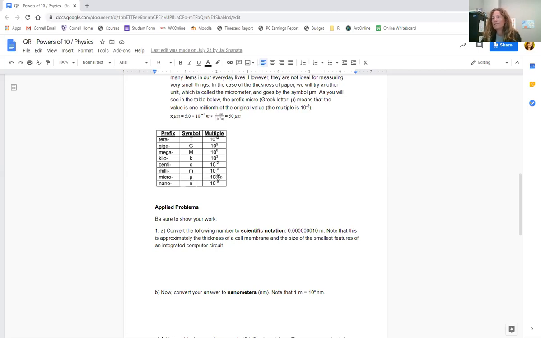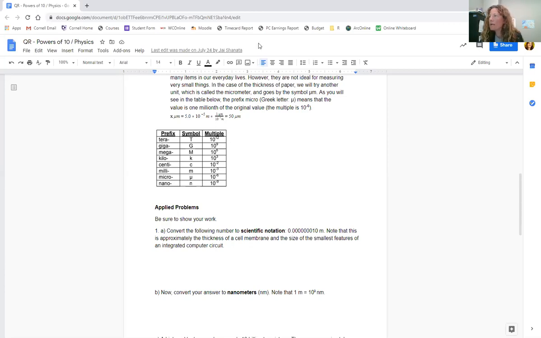The multiple means that's how many meters there are, or grams, or whatever, how many of your base unit there are in one of your unit that you're looking at for the row of this table. That's maybe not obvious from the table, but that's how we read this.